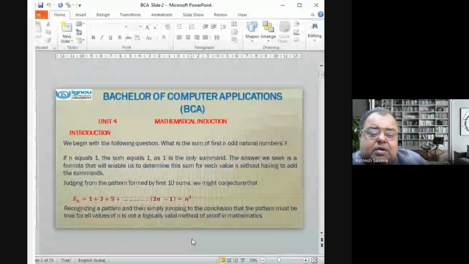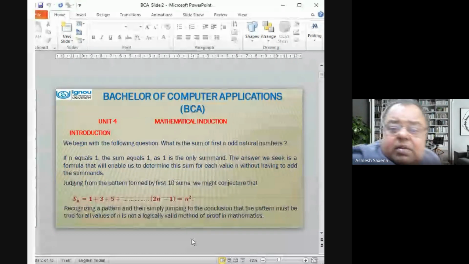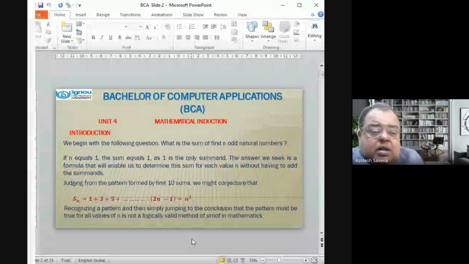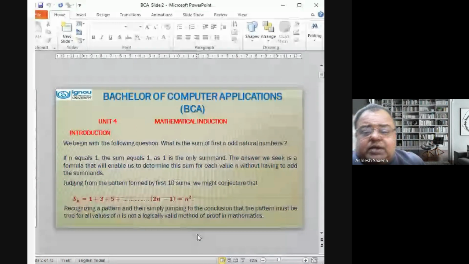Okay. So as you can see that it is Sn equal to the sum of the first n odd numbers. As you can see in the screen that it is 1. You have to add.